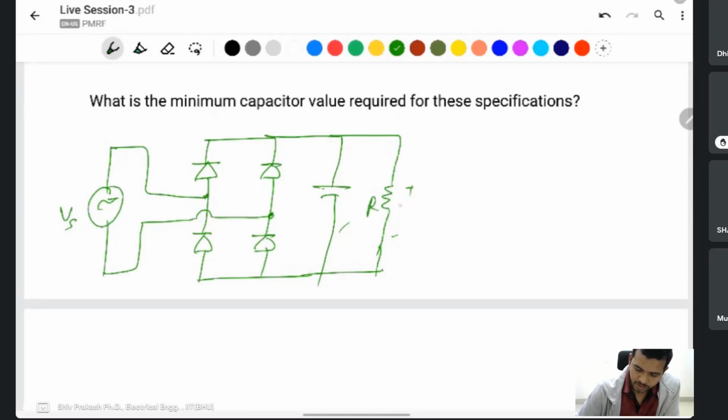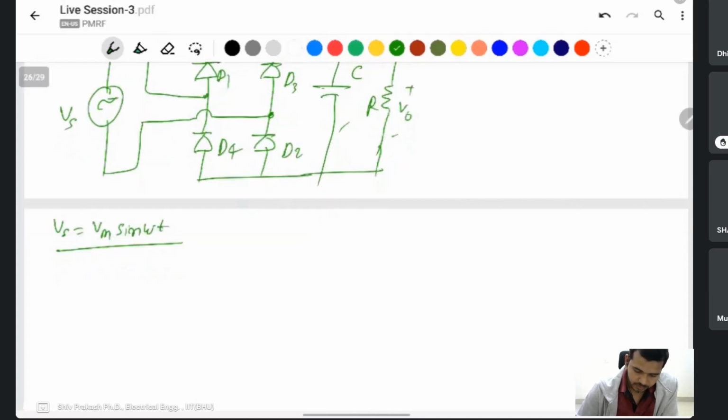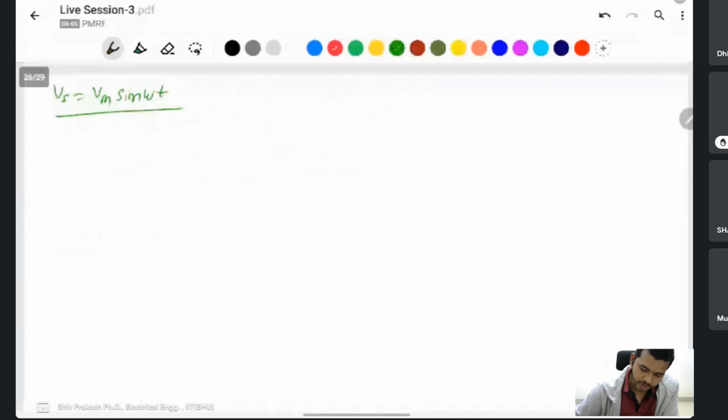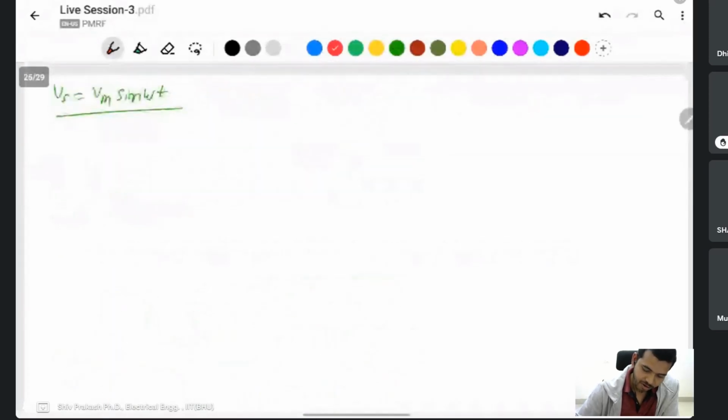So this one is R, this one V0, C, D1, D2, D3, D4. V is equal to Vm sin omega t. I give a hint to solve this question. I can't solve all of the question because it is a live assignment.